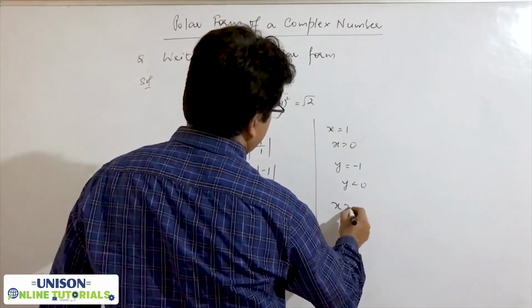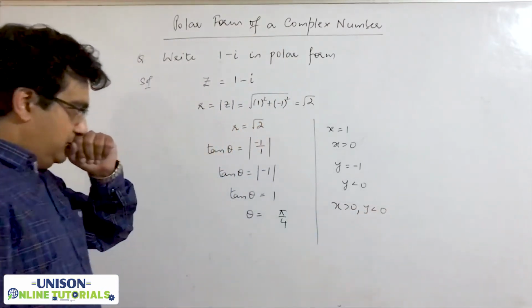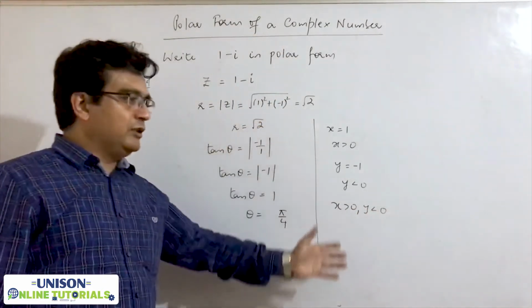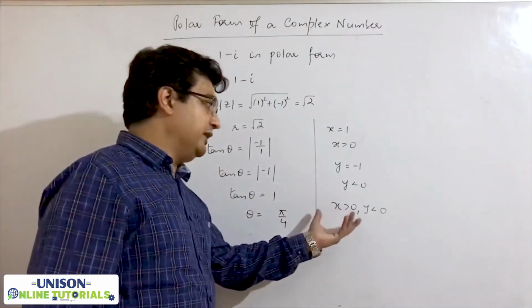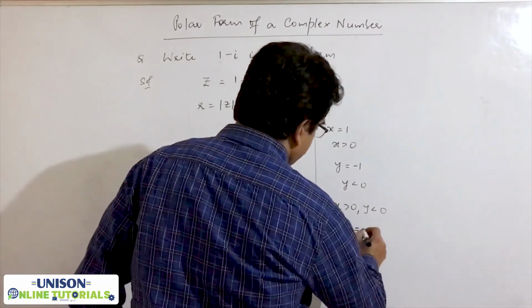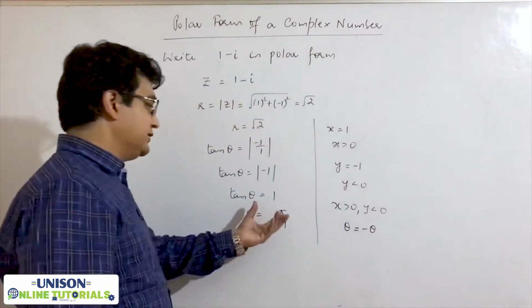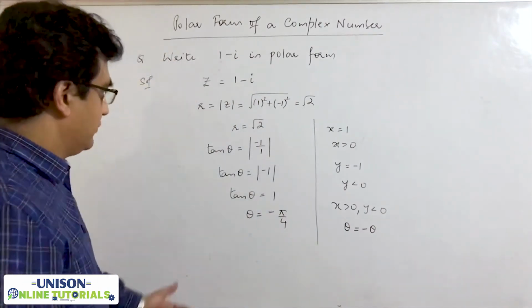So x is greater than 0 and y less than 0. In the properties I dictated to you, the last property was: when x is greater than 0 and y is less than 0, then theta will be minus theta. So here theta is pi by 4, so it will be minus of pi by 4.